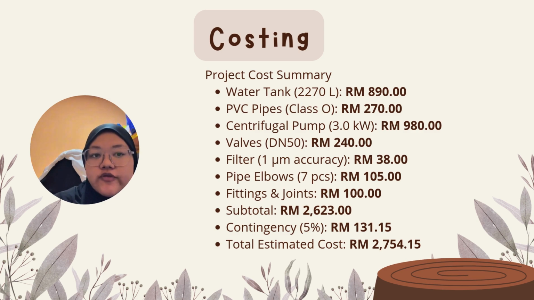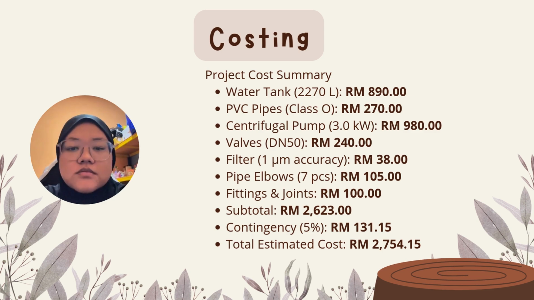For the costing, we focus on selecting components that offer durability and value for money while keeping the system within budget. The total estimated cost of the water delivery system is 2,754 ringgit and 50 cents, which includes a 5% contingency.